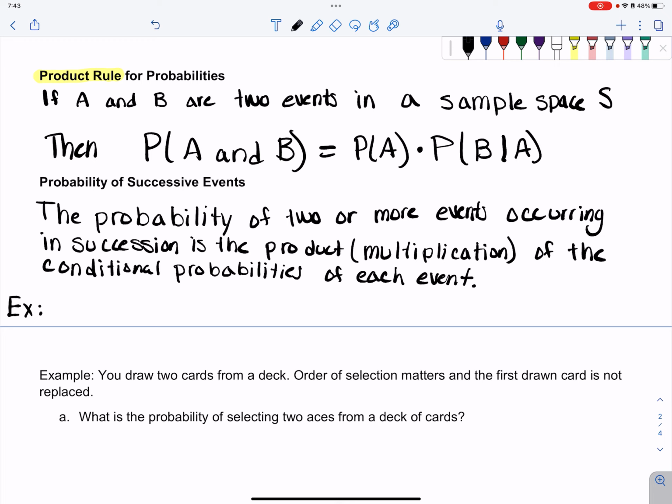So we're finding our probability of A, and then we multiply it by this conditional probability to find the probability that both of these two events have happened.